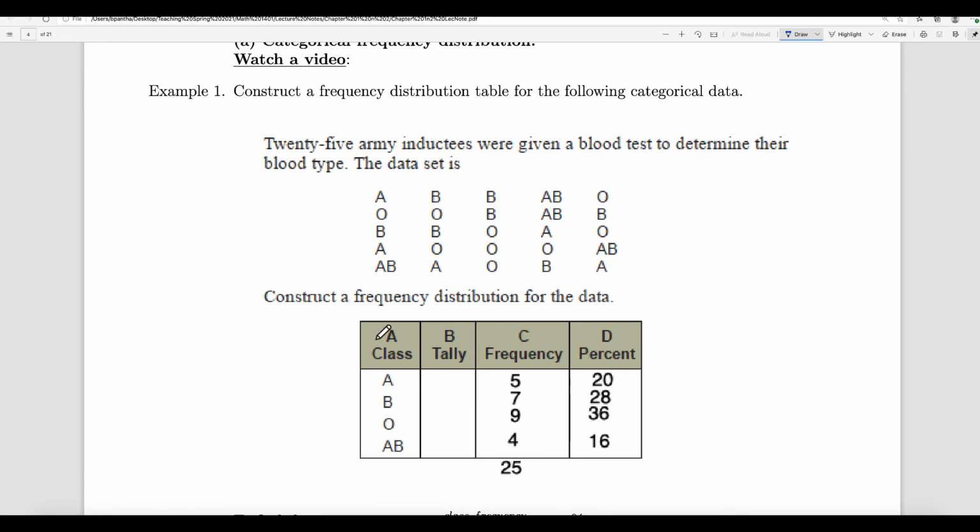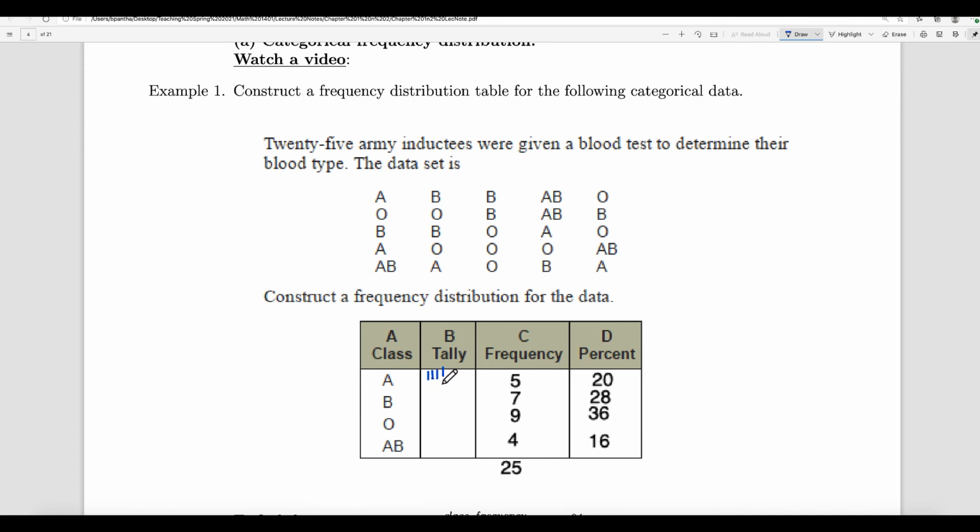The first column we call class, where we list all the different categories in the data. For example, here A, B, and O are the different categories. And in the second column, we count how many times A is repeated, and you write down tally, right?